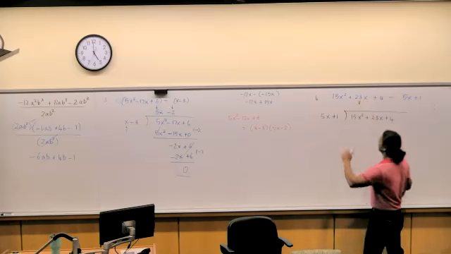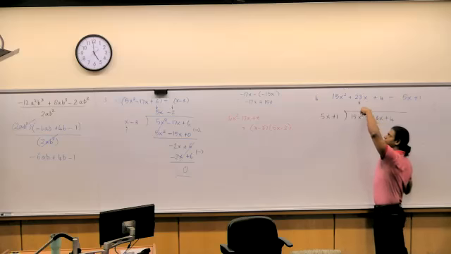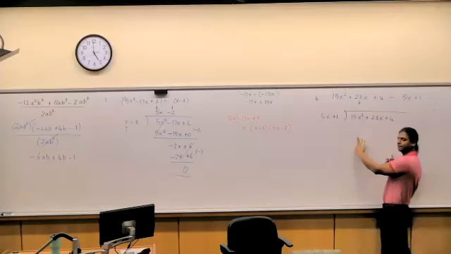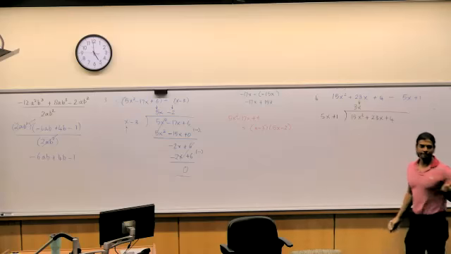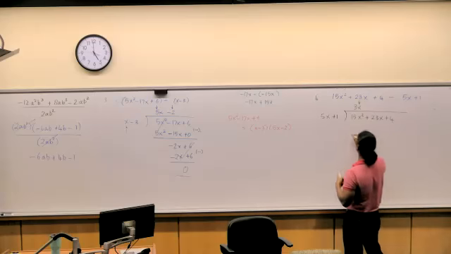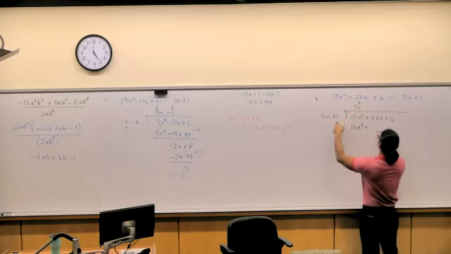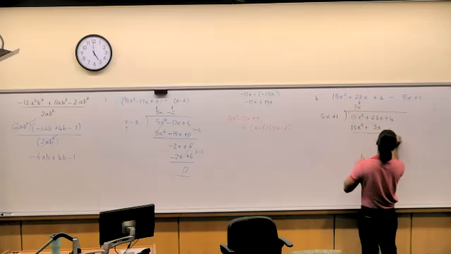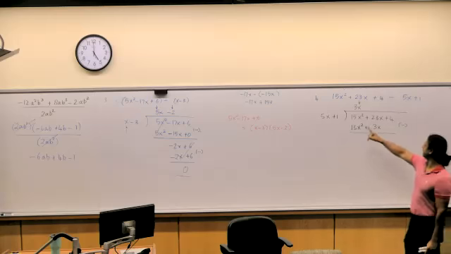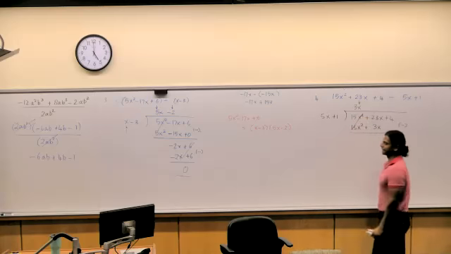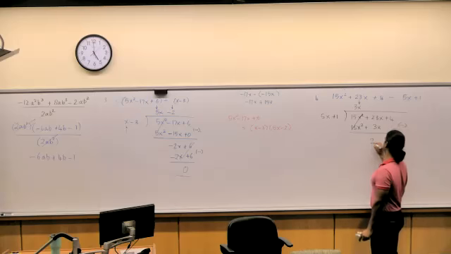So I've got to come up with a number or expression here so that when I multiply that by 5x, I get 15x squared. So it has to be 3x. 5x times 3x is 15x squared. 3x times 1, 3x. And I subtract. 15x squared will get cancelled. 23x minus 3x, 20x.